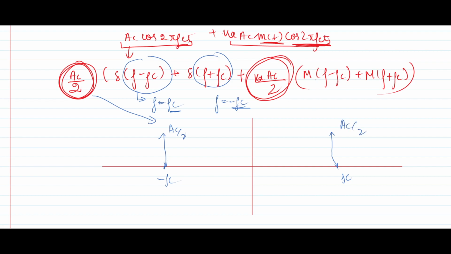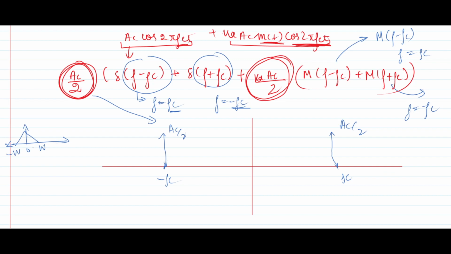The next is the shifted version of the message signal, M of f minus fc. So f is equal to fc, and here f is equal to minus fc. Let this be the message signal, as we have assumed earlier. We will move the signal, let this be 0, this be w, this be minus w.